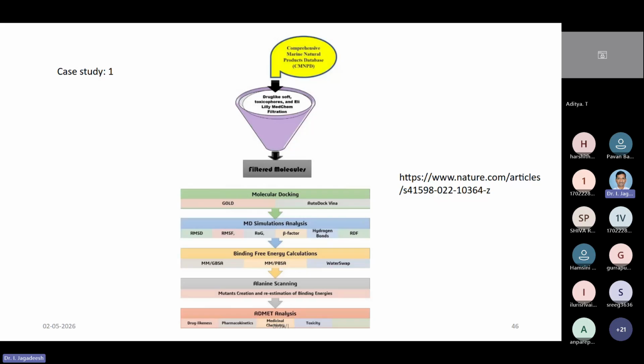And ultimately, with respect to toxicity and efficacy, at the end we need to do absorption, distribution, metabolism, elimination, that is excretion, and toxicology analysis. Here we take drug-likeness, pharmacokinetics, medicinal chemistry, and toxicity into account.